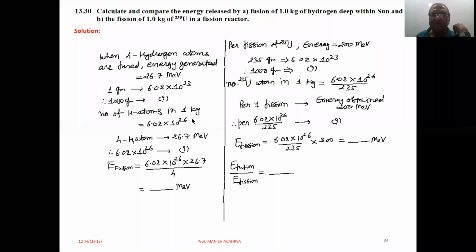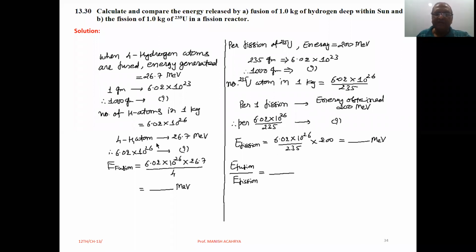The number of H atoms in 1 kilogram is 6.02 into 10 raised to 26.